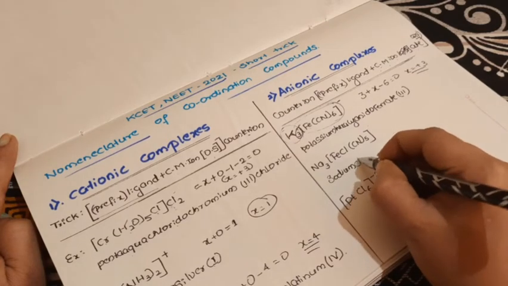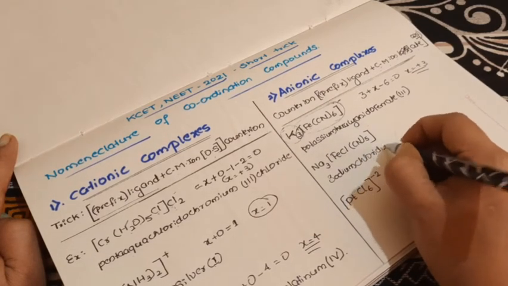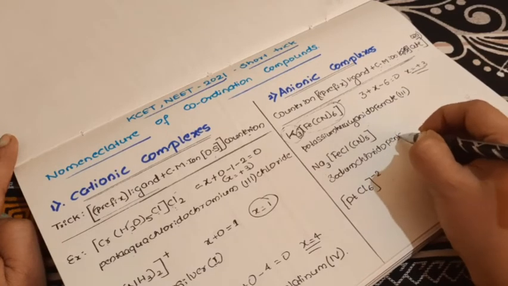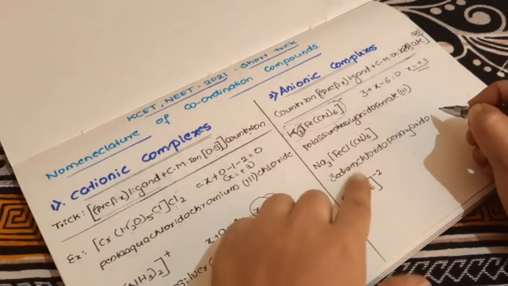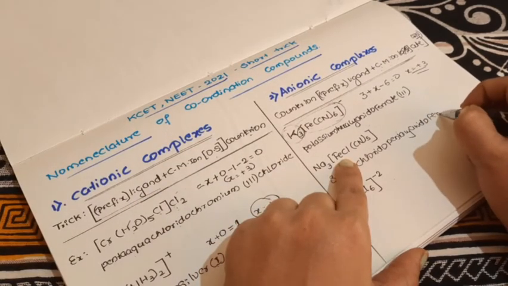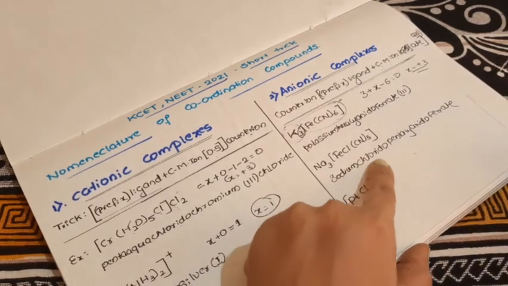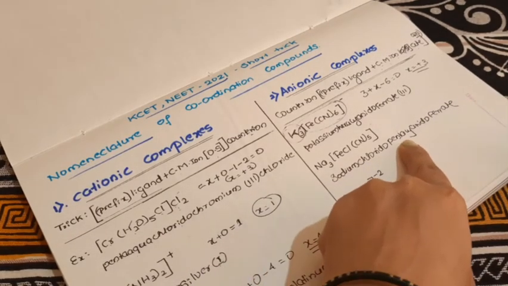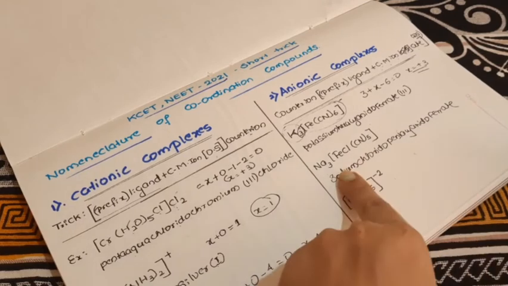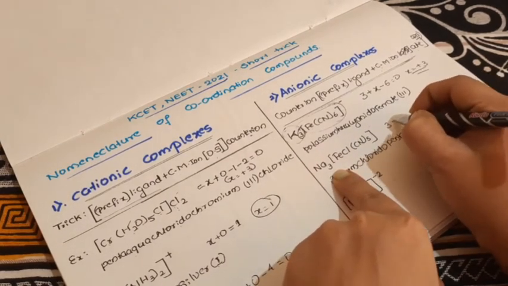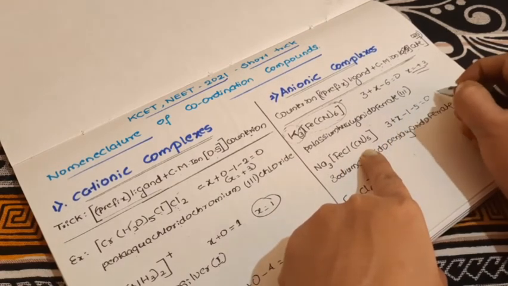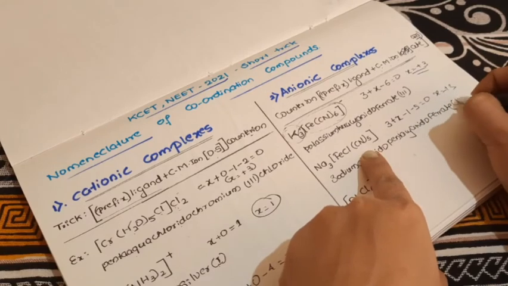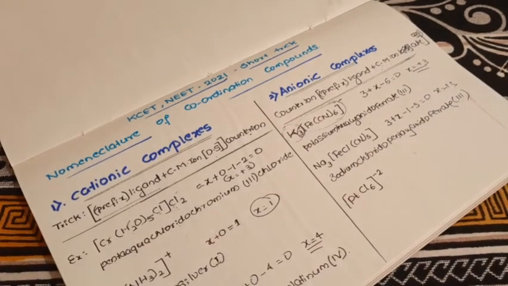So sodium chlorido pentacyanido ferrate. What is the oxidation state? Sodium here is plus 1, iron we don't know, chloride is minus 1, and cyanide 5 minus 5, equal to 0. Again x equals 3. So it's 3. Sodium chlorido pentacyanido ferrate.